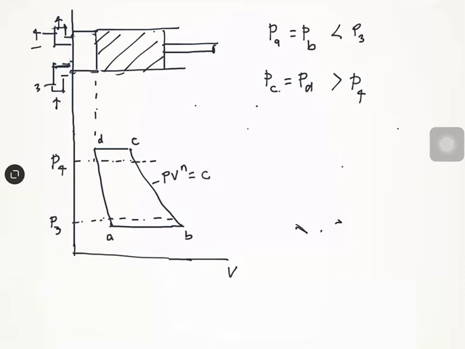The compression takes place in that direction, from point B to point C, and this is PV to the n is constant.